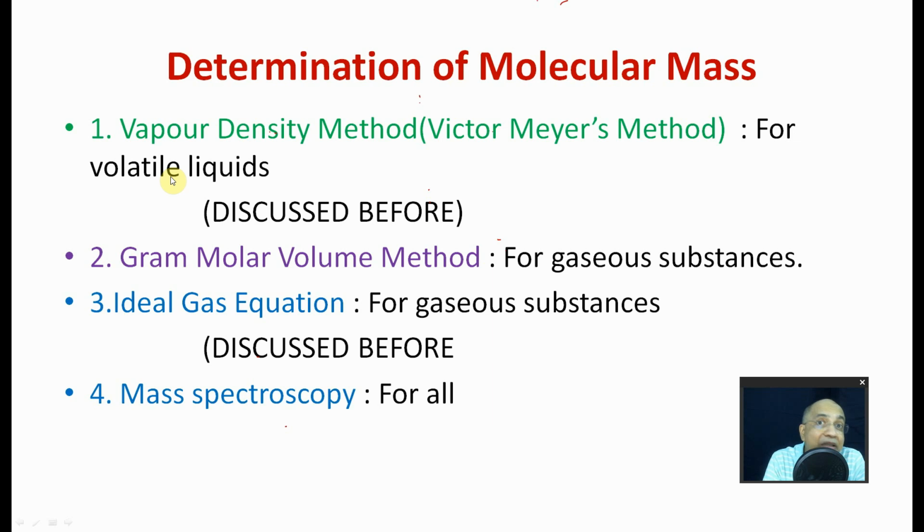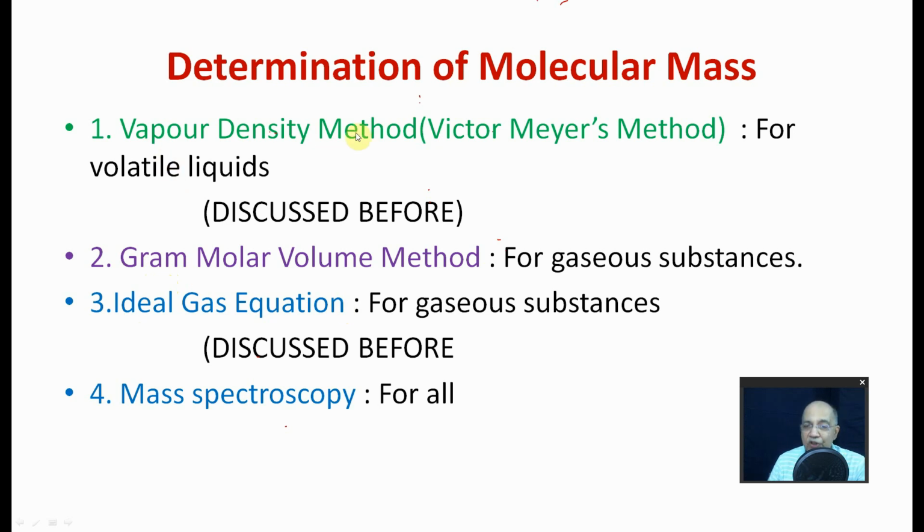But how it is done, I won't discuss more about mass spectrometry for determining the molecular masses of molecules. Just you know that the correct molecular mass can be experimentally determined for every substance by mass spectrometer. For gaseous substance, you have GMV method, you have ideal gas equation, you have VD method, and so on.